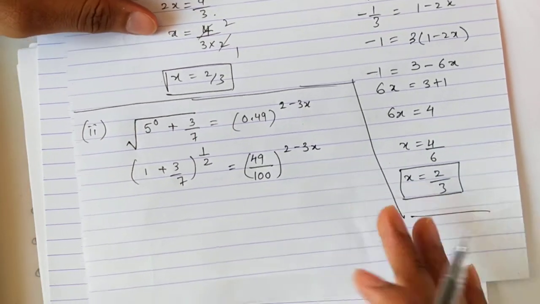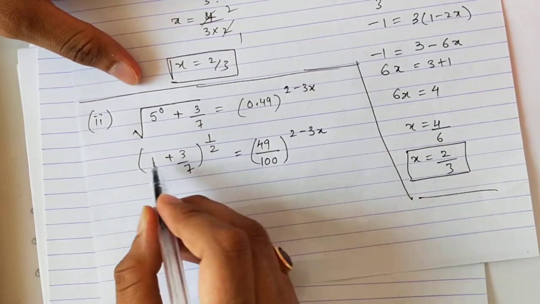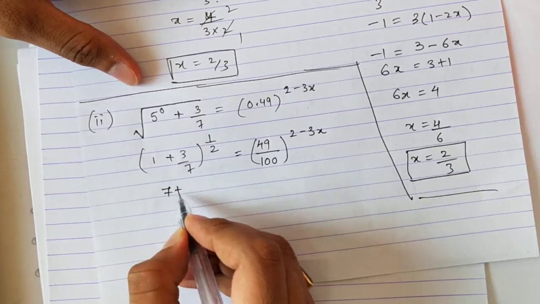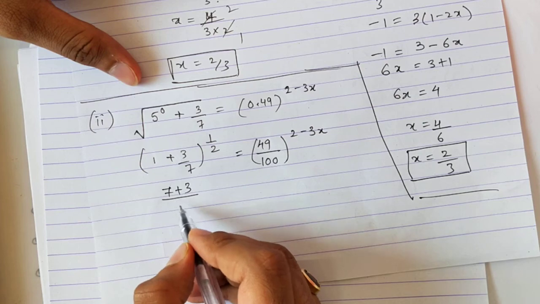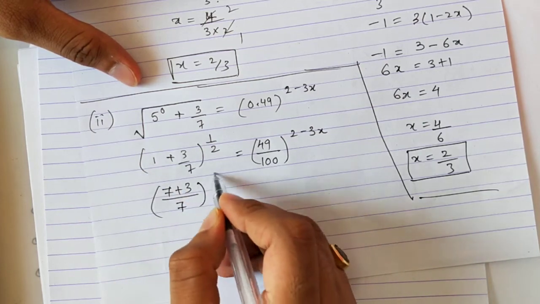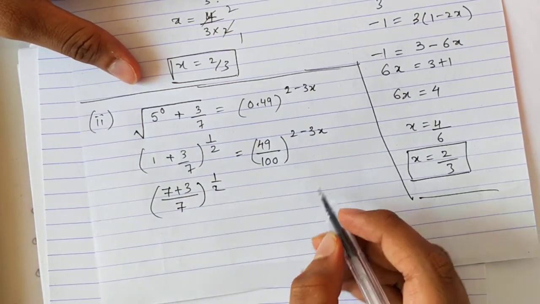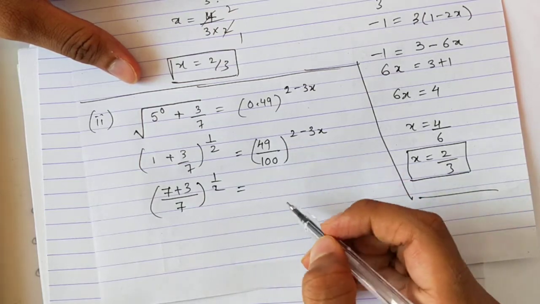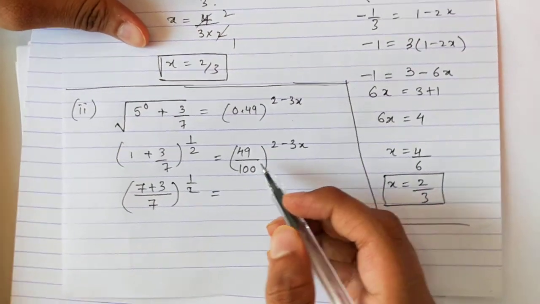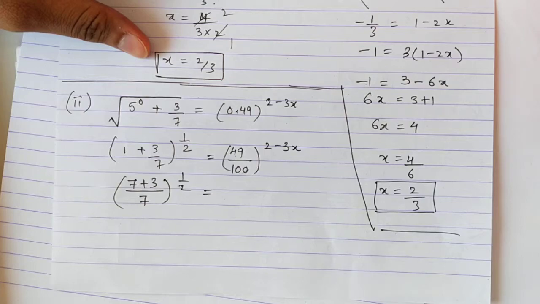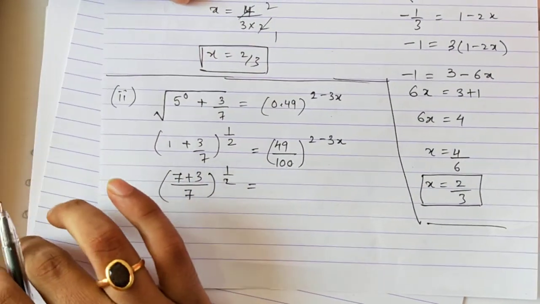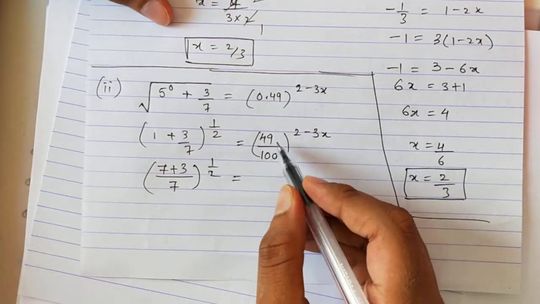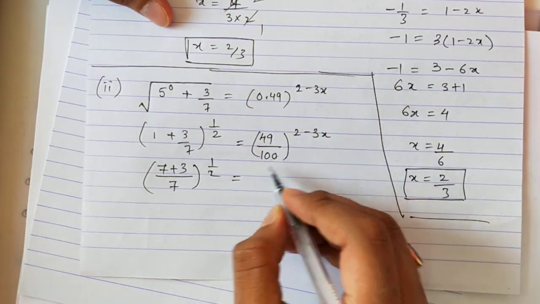Okay, 49 upon 100. Here I'll take LCM. So it will become 7 plus 3. See, 7 into 1 is 7 plus 3 upon 7, to the power 1 upon 2. So 49 is 7 square and 100 is 10 square.